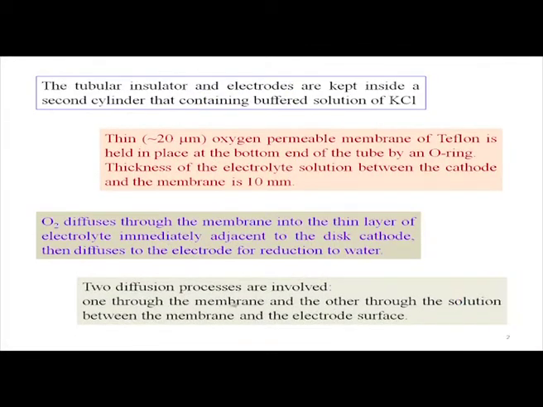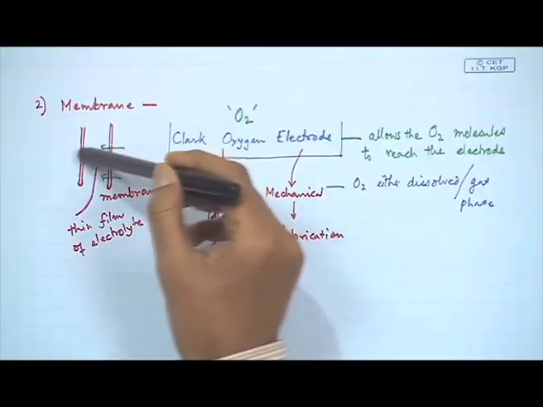So, two diffusion processes are involved. They take part actively in this measurement process, one through the membrane and the other through the solution between the membrane and the electrode surface. First it goes through the membrane, as I told you. So, it is crossing your membrane.